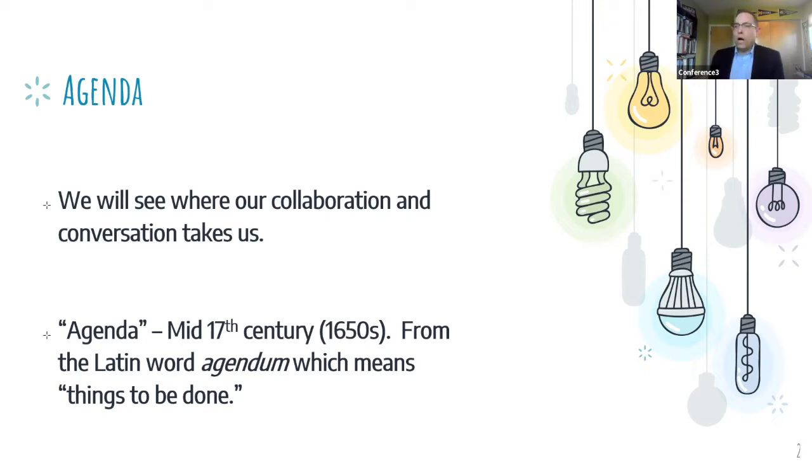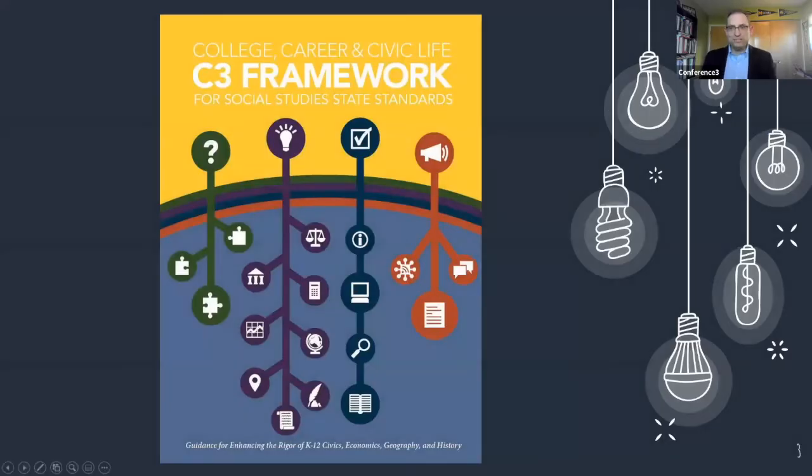I want you to think about that in relation to something that came up in the panel discussion that I thought was really fascinating. There was a really good conversation about rigor. If you look at the cover of the C3 Social Studies Framework, at the very bottom is the term rigor: guidance for enhancing rigor in K through 12 civics, economics, geography, and history.